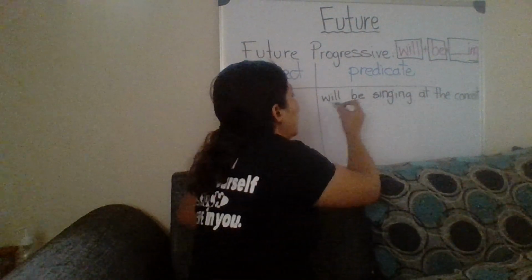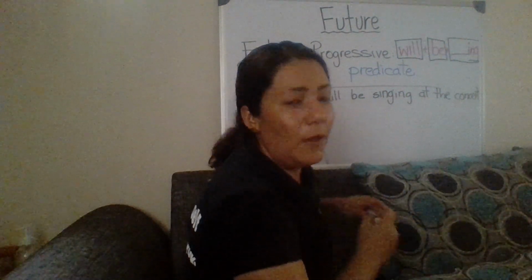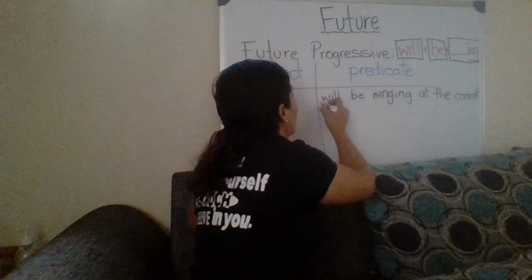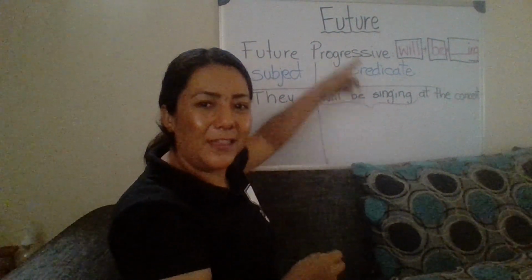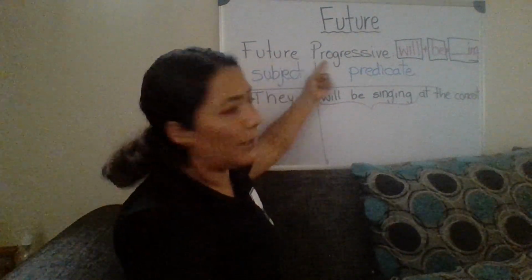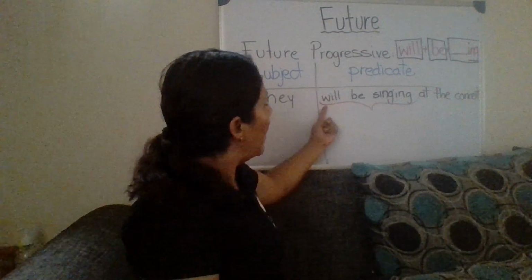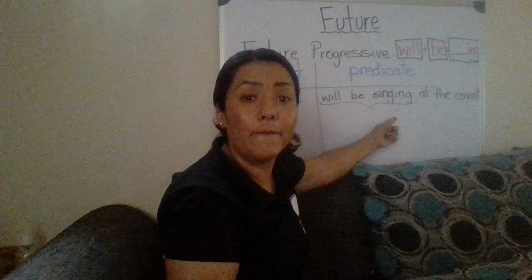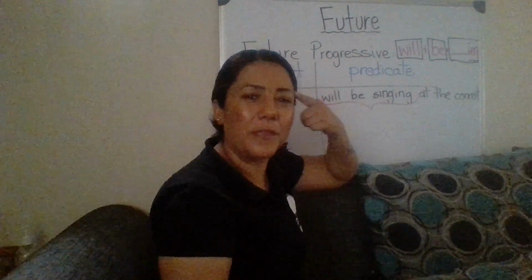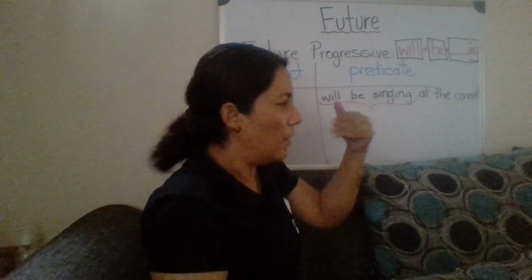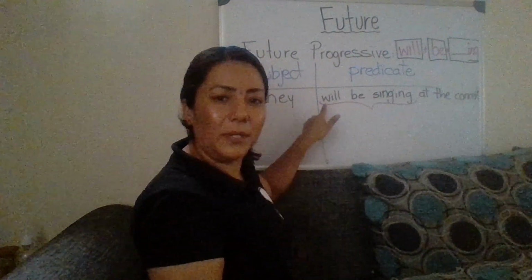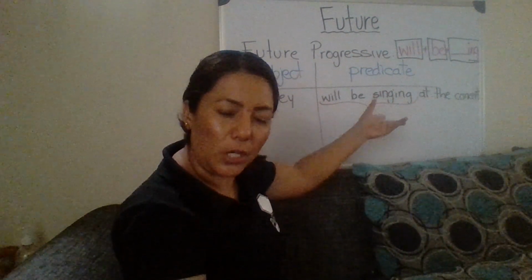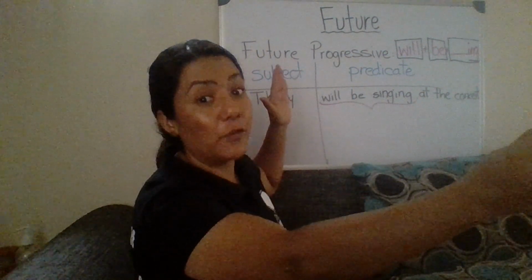And in the predicate is where we have the verb. Oh, look, in this tense, we have 3 words in the verb. Yes, you might be thinking, what? The verb is sing, but all this combination of words and changes, that's the verb.